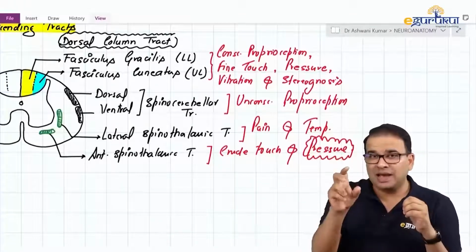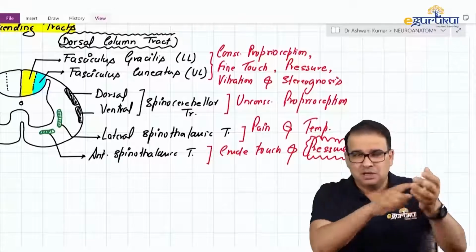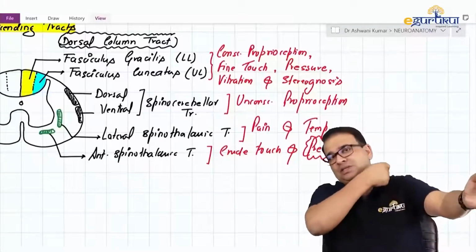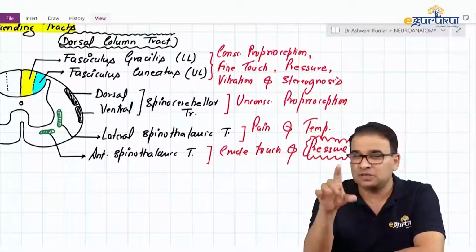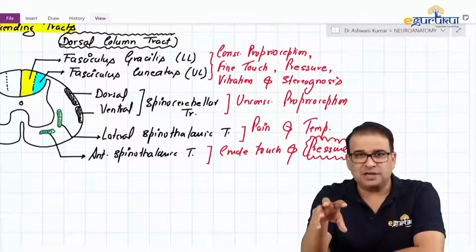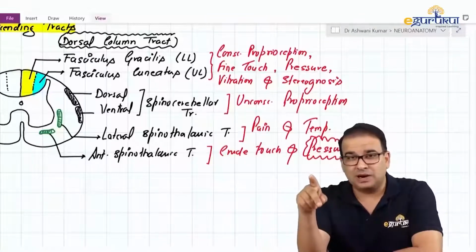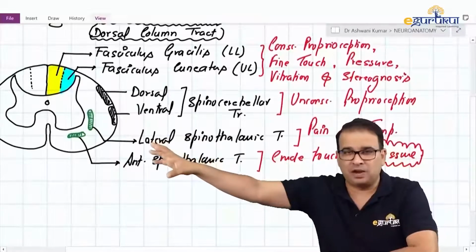So what is the nucleus? If you remember in the previous discussion, the nucleus for pain and temperature. Those fibers will go from the dorsal aspect of the spinal cord into the substantia gelatinosa, because that was the nucleus for pain and temperature. From the substantia gelatinosa, the second order neuron will start, and those second order neurons will come into the white matter of the spinal cord.